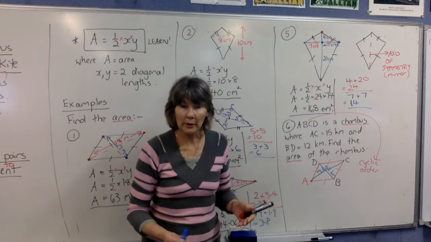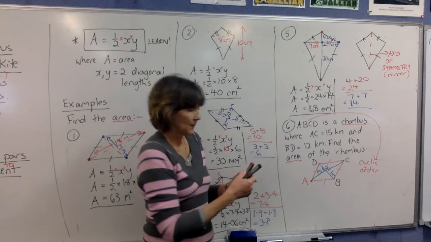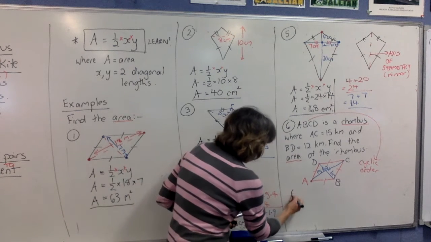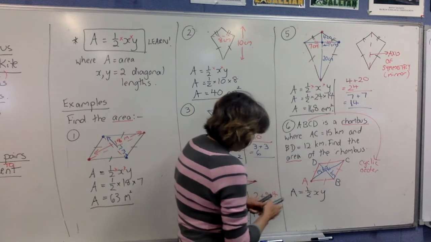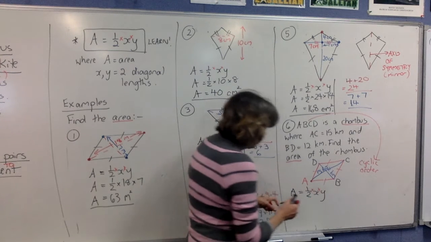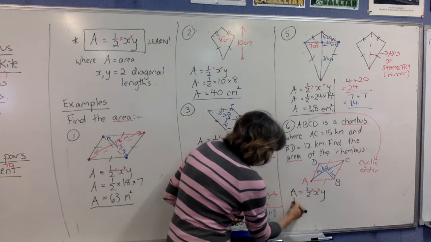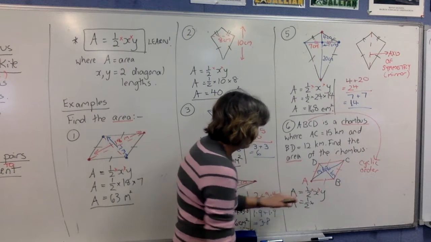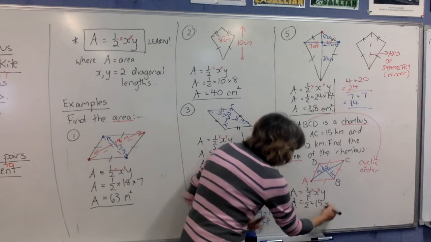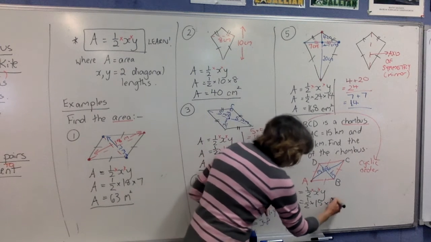Now that you've got everything where it should be, you can start the formula. So we know it's a rhombus, and we know the area formula is area equals a half times x times y. All right, so let's put everything in. We've got a half times one diagonal, 15, times the other diagonal, 12.